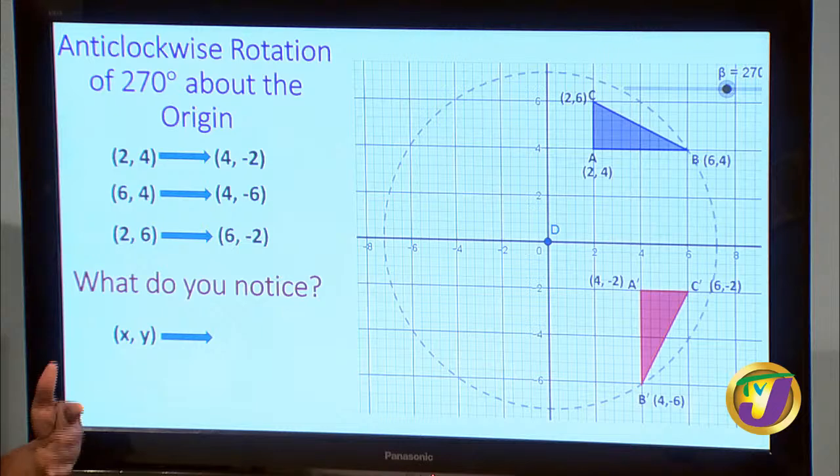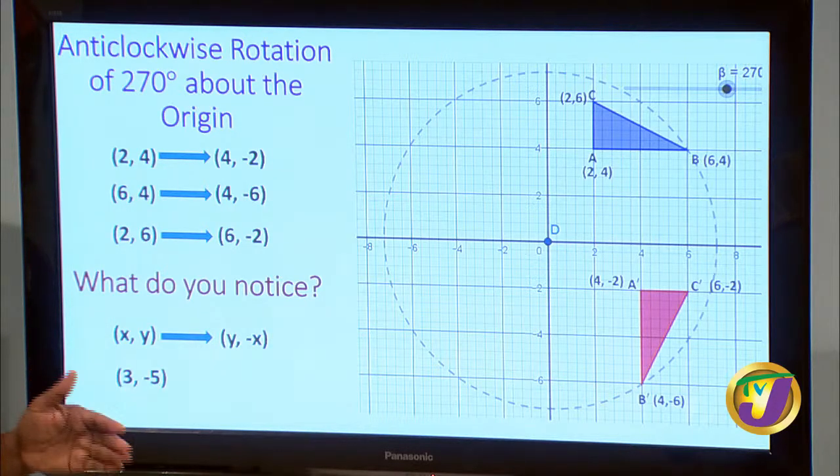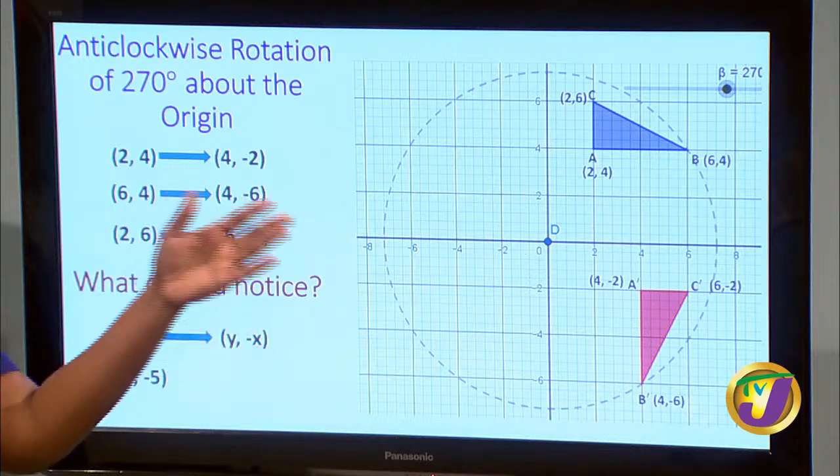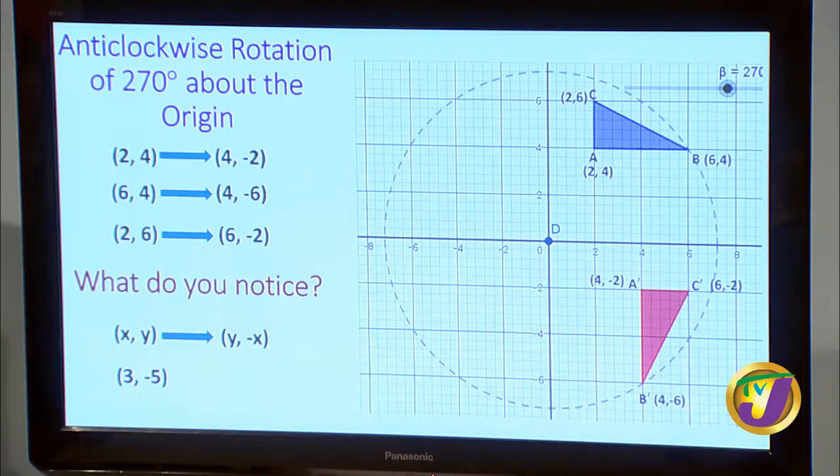I think we're on track. But again, we want to do a point separate from the ones we have. Let's look at the point (3, -5). What happens if this point undergoes this rotation? Let's take it step by step.